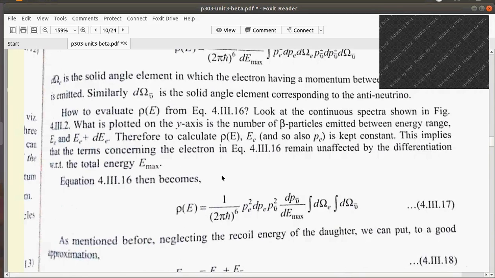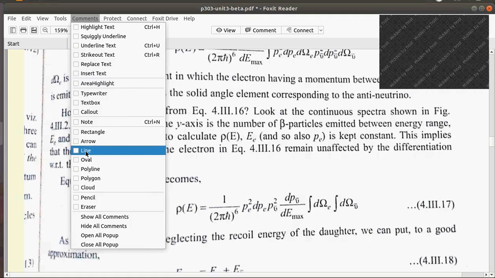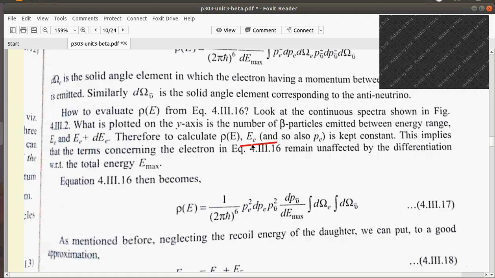So what is happening is that the number of beta particles between the energy range is being shown. In order to find the density of states, what we are interested in is not the energy change, it is the energy itself. So the energy is not considered variable here; energy and momentum are kept constant. We'll highlight this part: energy and momentum are kept constant.